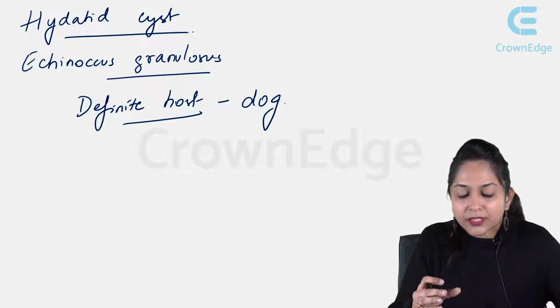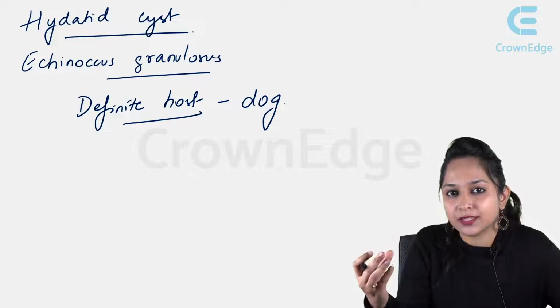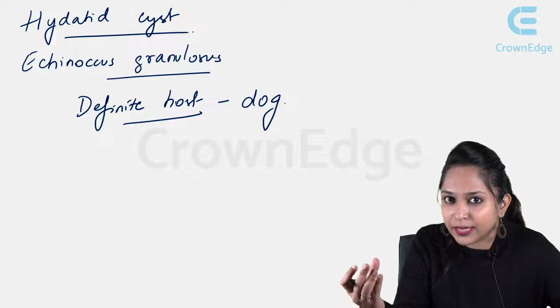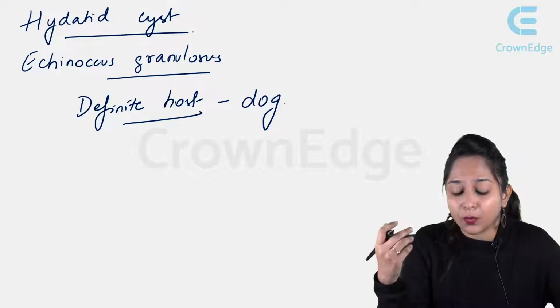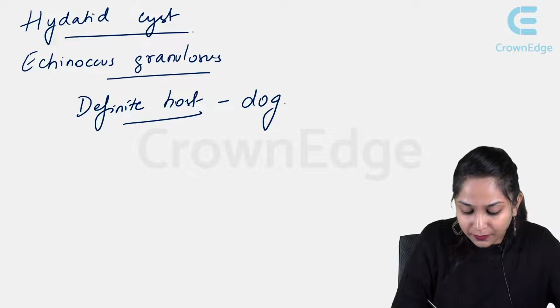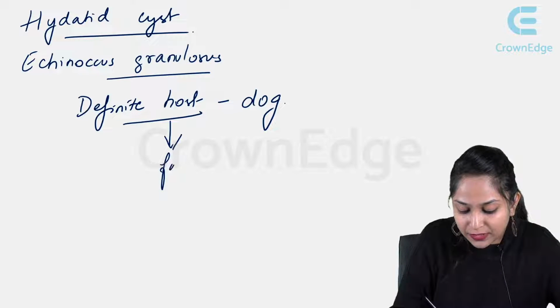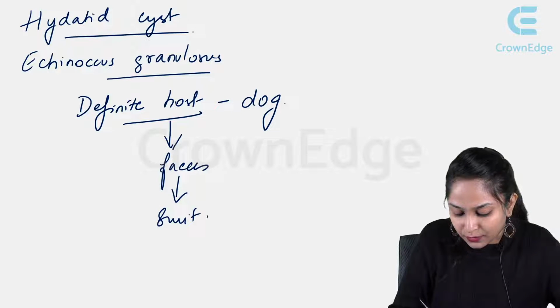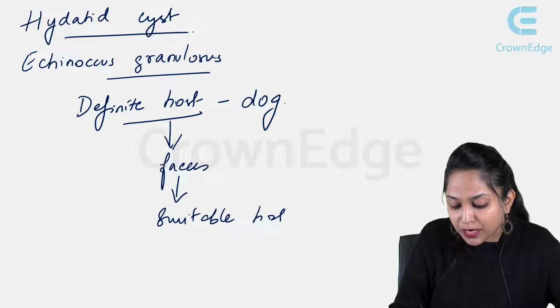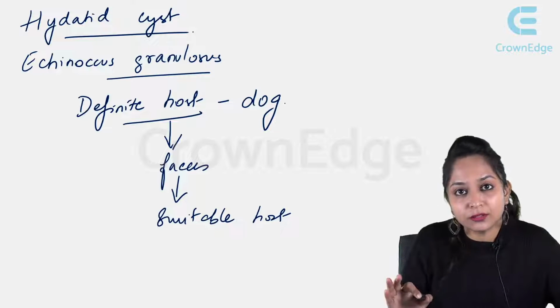Now this parasite is present in the small intestine of a definite host, for example a dog, and when they are released, these eggs are released in the feces of the animal and they can spread to a suitable host. Now, how do they spread to a suitable host? Through three things.